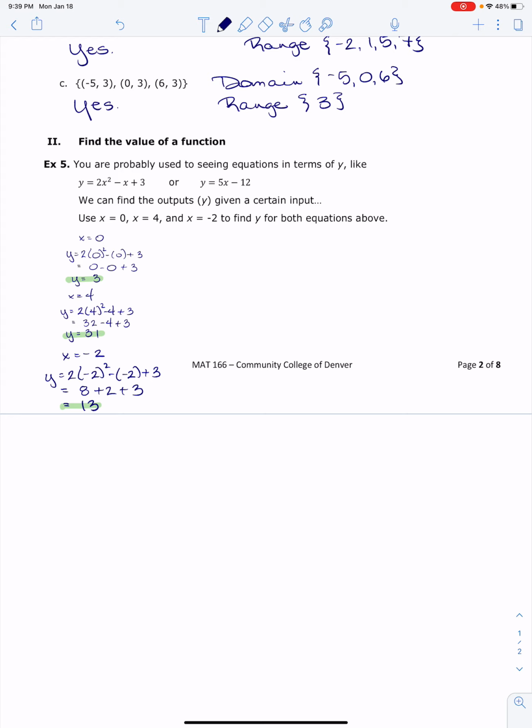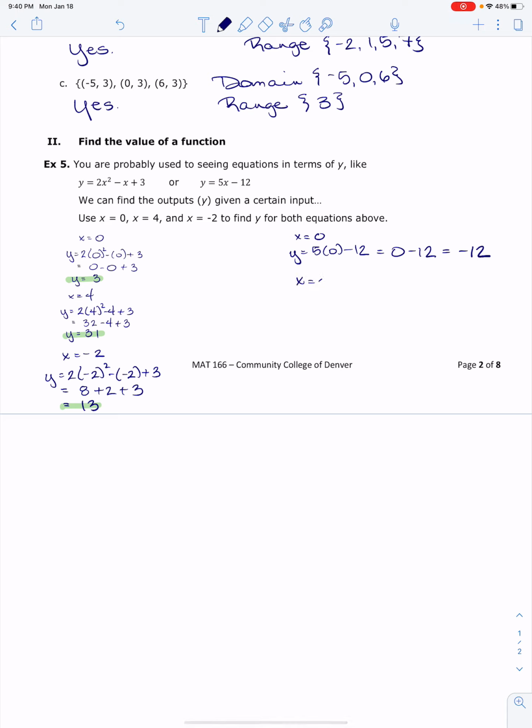So we have a second equation, y equals 5x minus 12. We're going to plug in the same ones, x equals 0, y equals 5 times 0 minus 12. 0 minus 12, so I get y equals -12 when x is 0.